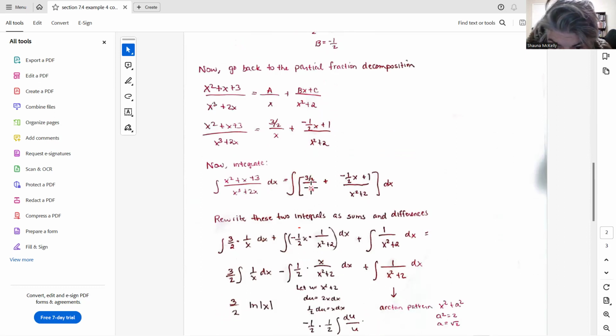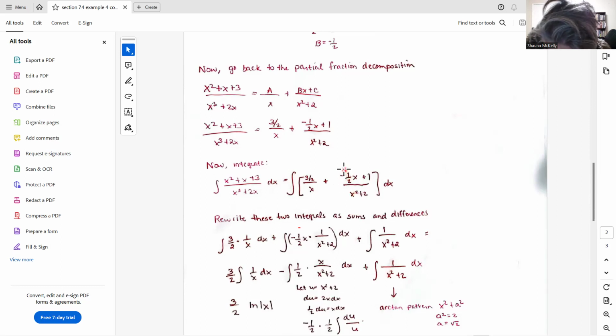So this is 3/2 times 1 over x dx, which is more useful to us in taking antiderivatives. Here, what I did was I said, well, the derivative here is going to be 2x. So I could do something with that, but what I'm going to do is split this integral apart.